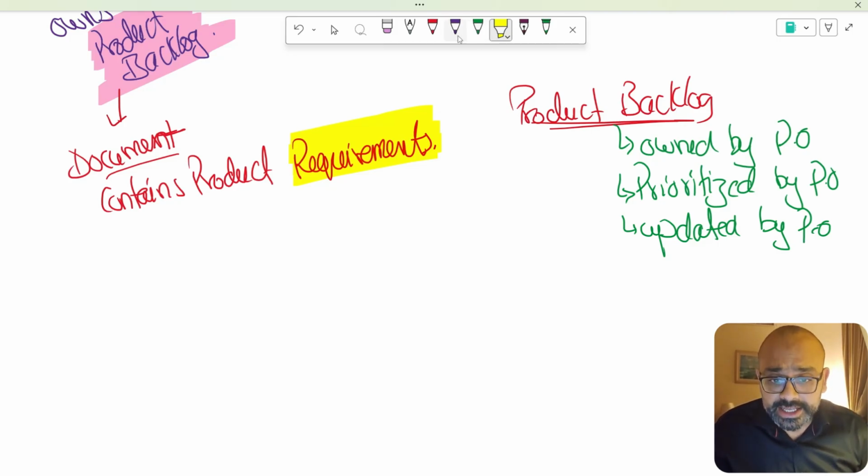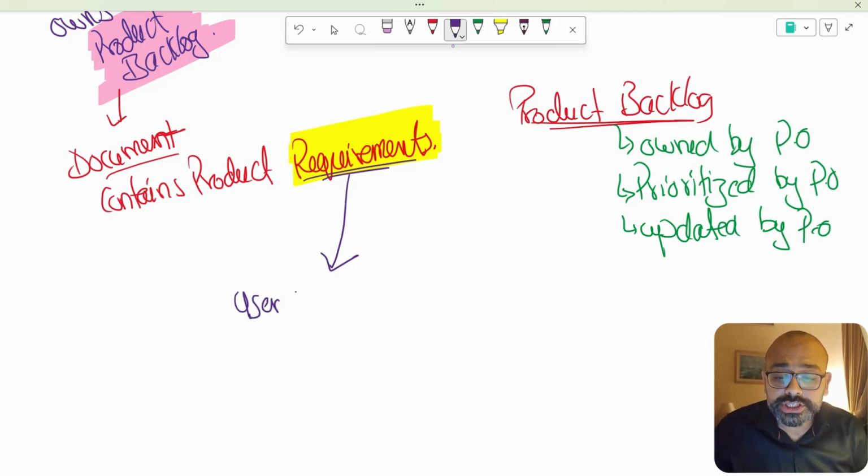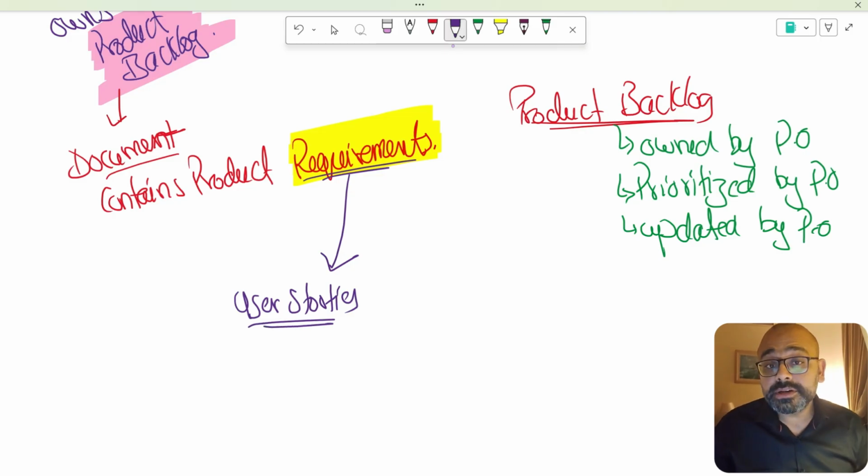In Agile, requirements are written in the form of user stories. Now, what is a user story? A user story is a requirement, of course, written from the perspective of the user, how the user explains that particular requirement.